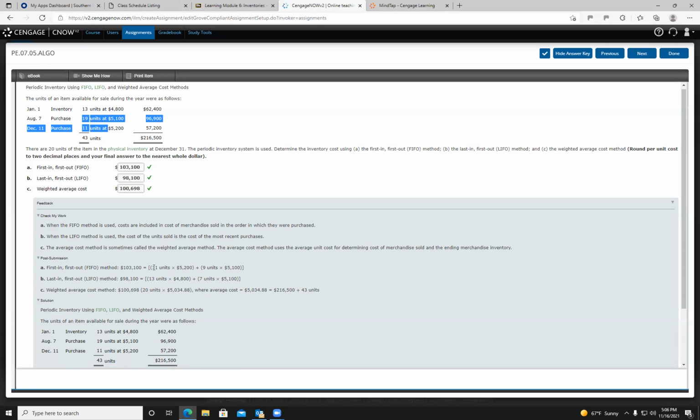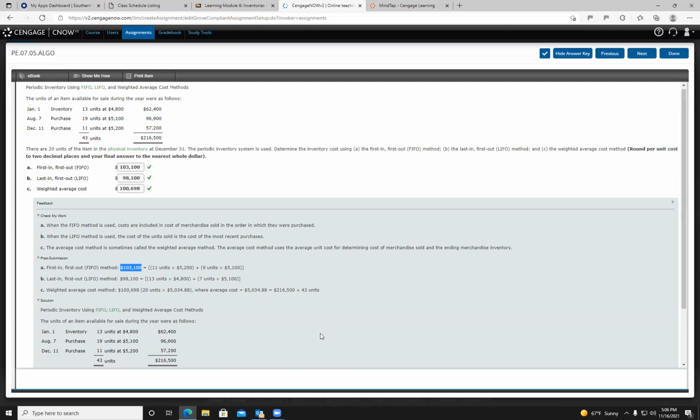So 11 units times 5,200 equals 57,200, and 9 units times 5,100 per unit equals 45,900. We add those two together, and our total ending inventory under the FIFO method equals $103,100.